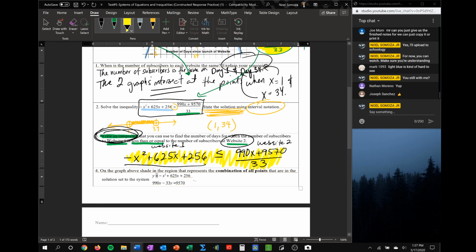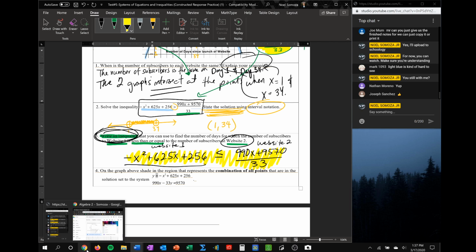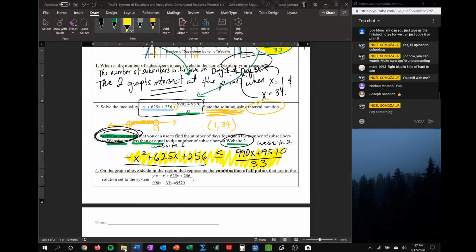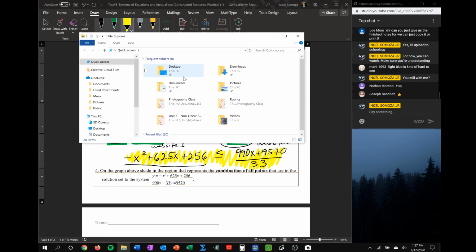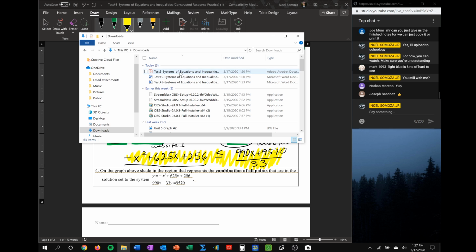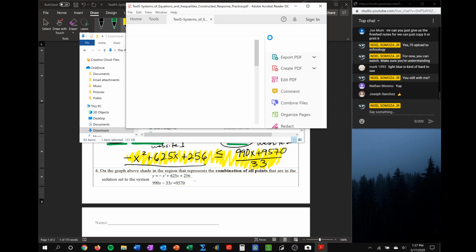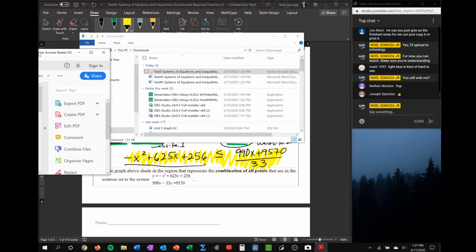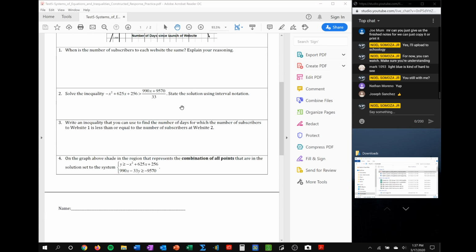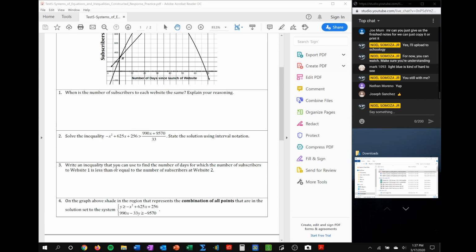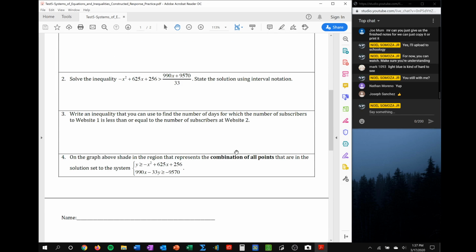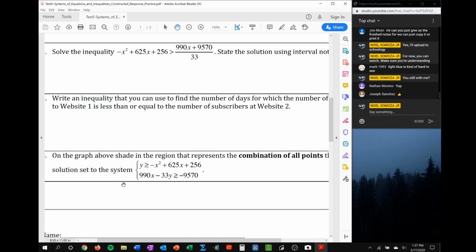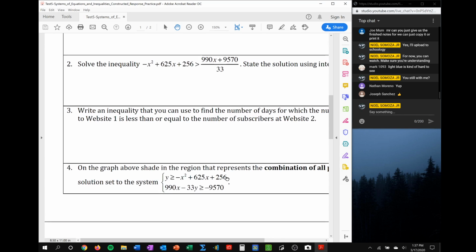All right. So for number 4, it's actually not written right. Let me show you the one that is. All right. So you can see number 4. This is what it should look like.